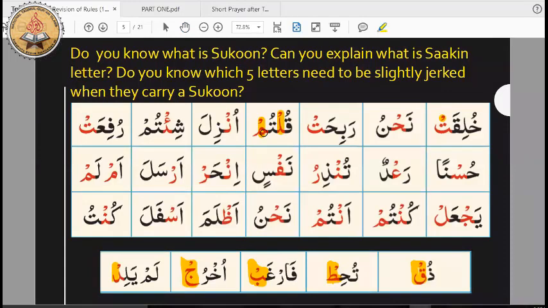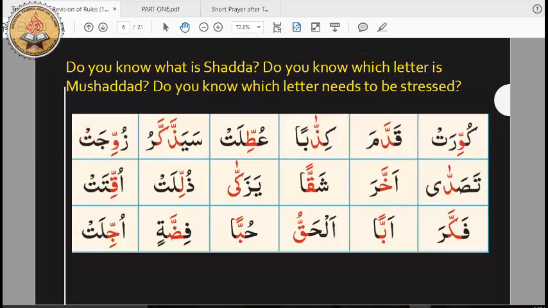Okay, but now in the qalqala rule, what it says is that there are 5 special letters that when they have a sukoon on top of them, you have to join the previous letter to it with a bit of a jerk sound. Okay, and those 5 letters are, like you can see at the bottom of this page over here.